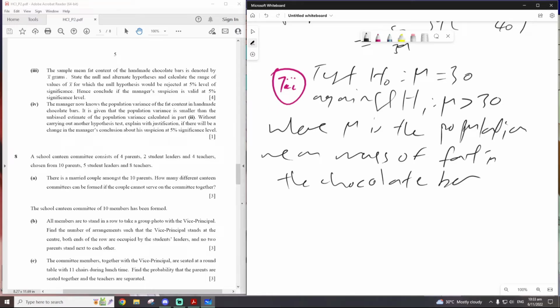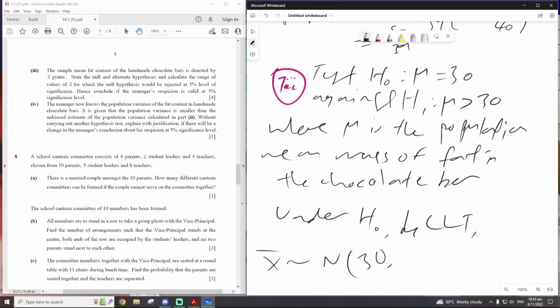We define X bar as following the normal distribution. Under H naught, by CLT, X bar follows the normal distribution. Under H naught you assume that the mean is 30, and you take the variance. The unbiased estimate of population variance was 50 over 39.